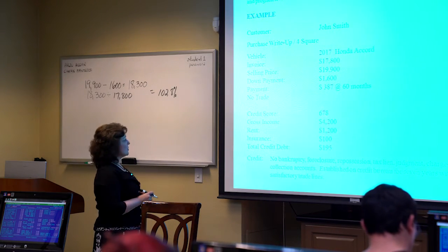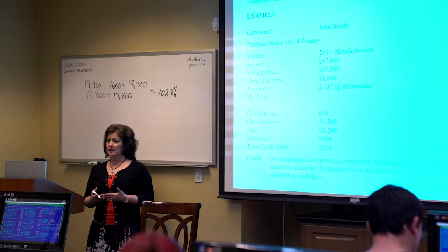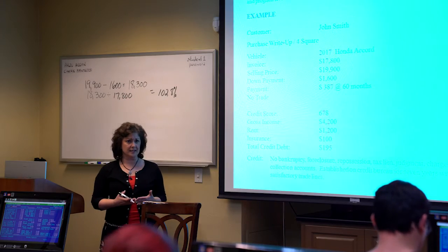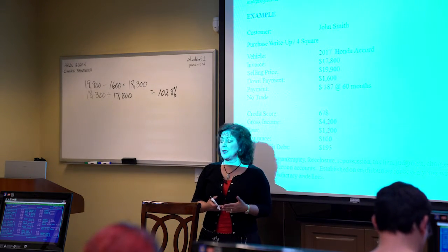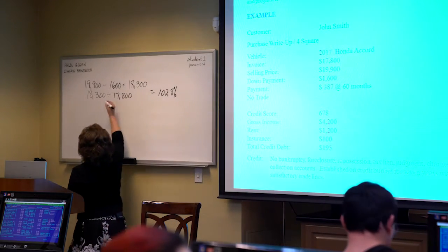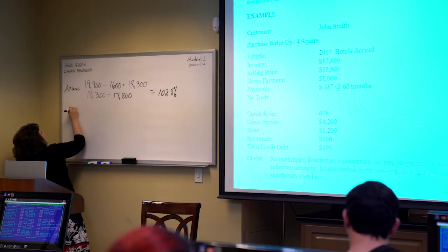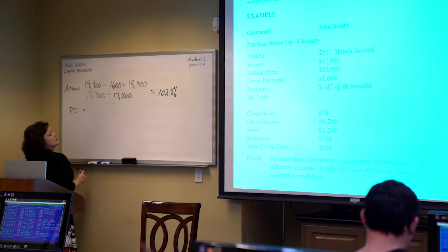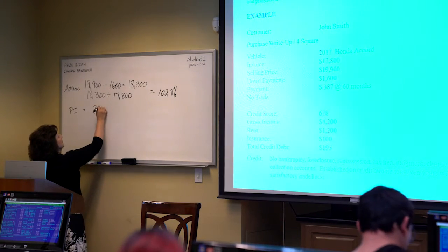While we're here, let's check payment to income so I know where they're at. That's where the car payment cannot exceed a certain percent of their gross monthly income. The first one I did was advance. Now, what's the car payment? $387 at 60.